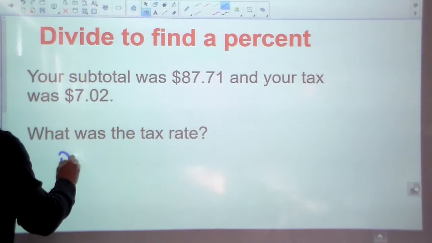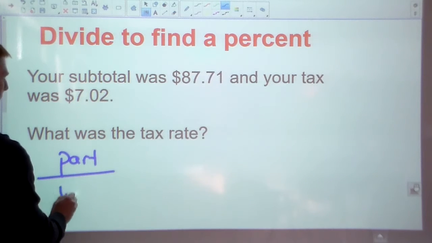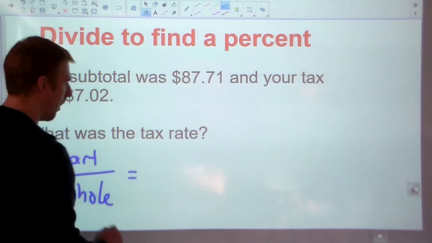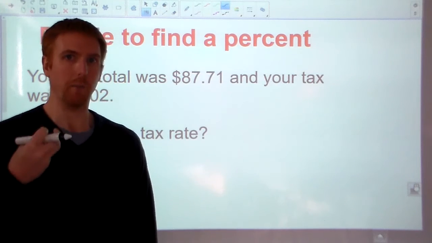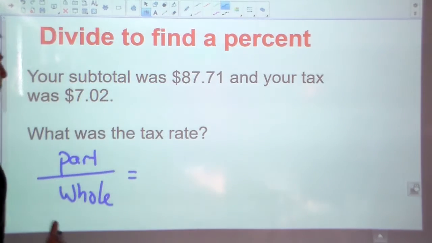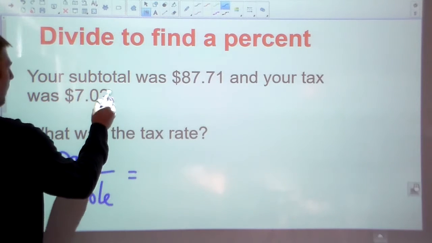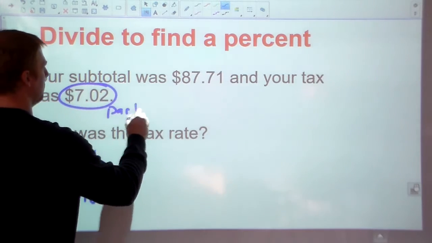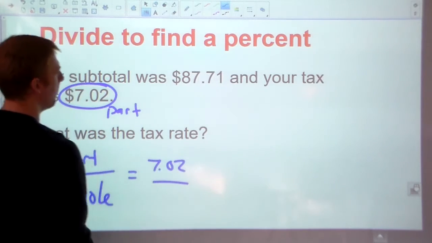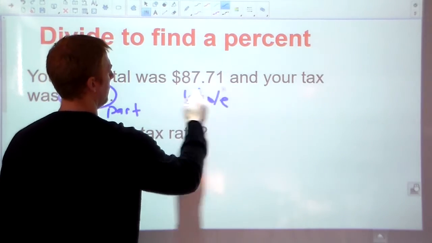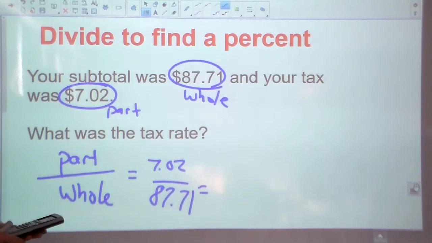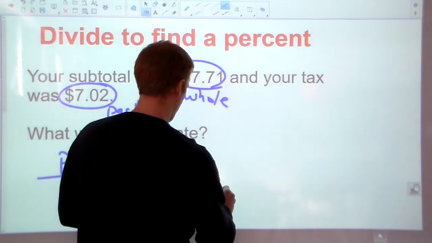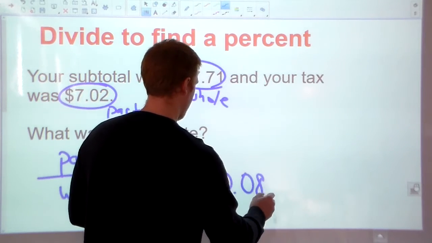When you're finding a percent, it's always the part divided by the whole. That's always the way it works. If on a scale of 1 to 100, it's how much of that 100 you have. That's really what a percent is. So the part here is 7.02. The whole is the 87.71. And if you divide those, 7.02 divided by 87.71, right, I'm getting 0.08 and some other stuff.